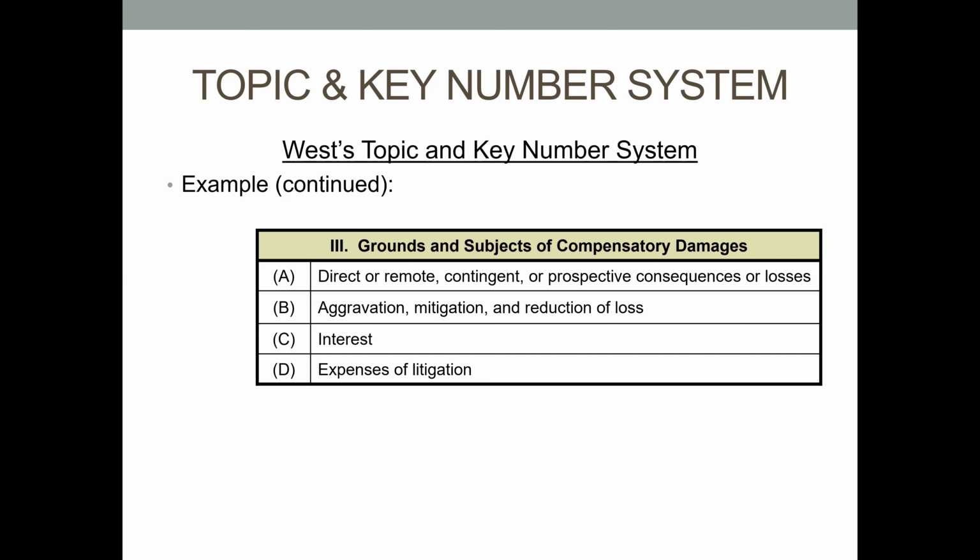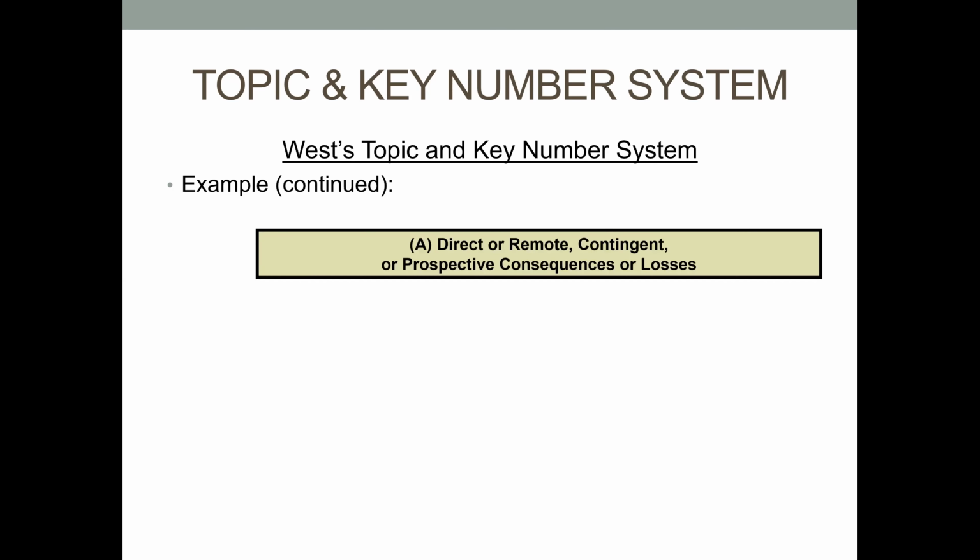Well, let's say that you're interested in compensatory damages, and of these four narrower concepts, you're particularly interested in the first one, the direct or remote, contingent or prospective consequences or losses. So you then focus in on that one. Well, it turns out that West's editors have in fact subdivided this narrower concept into even narrower concepts themselves.